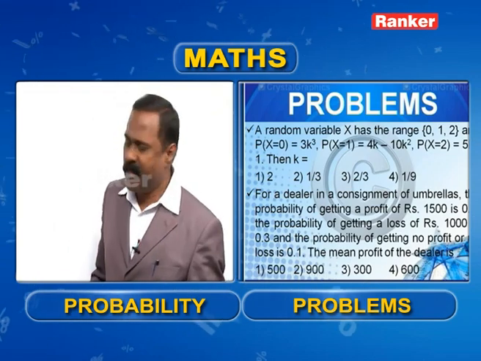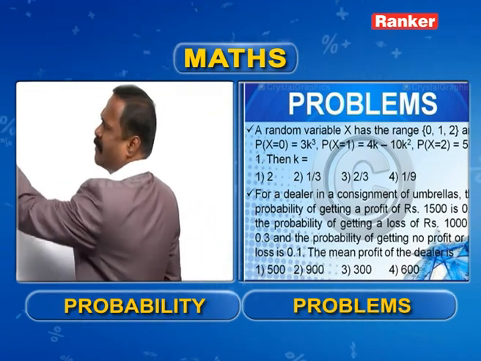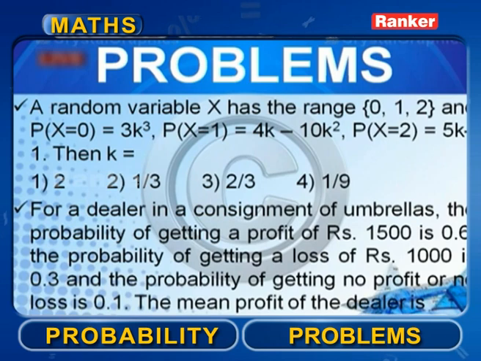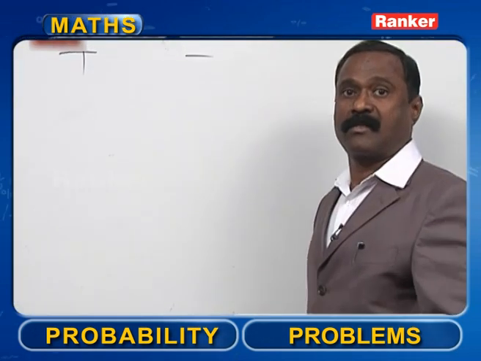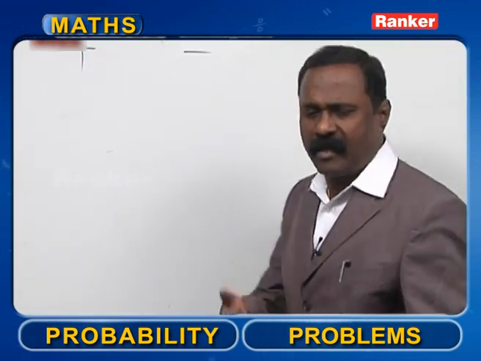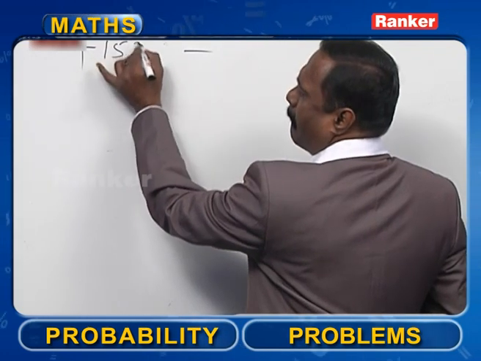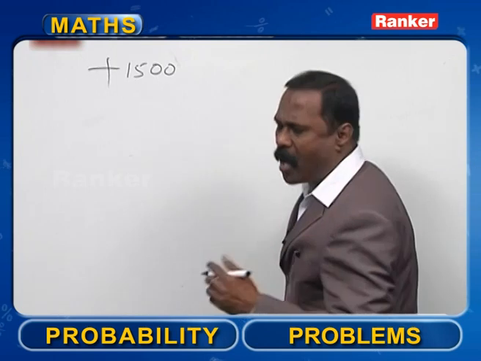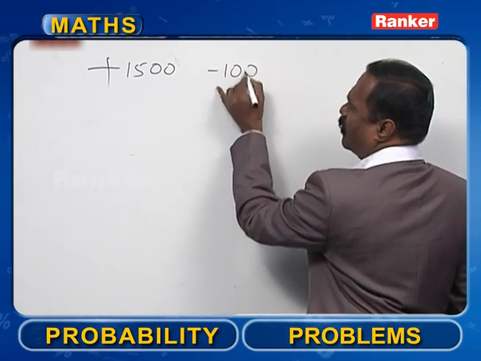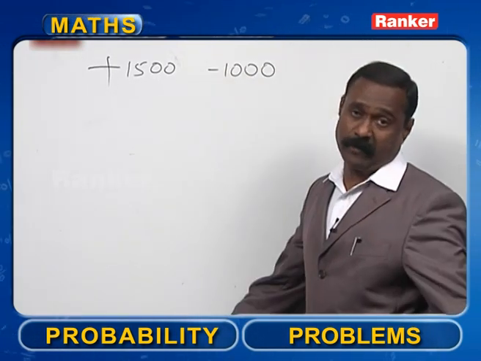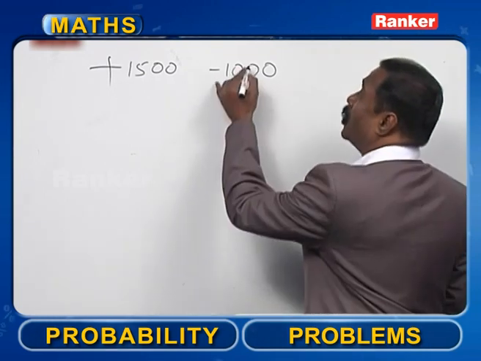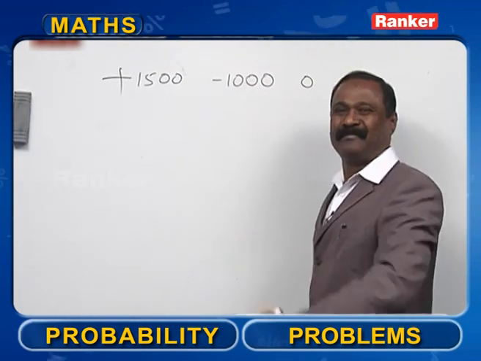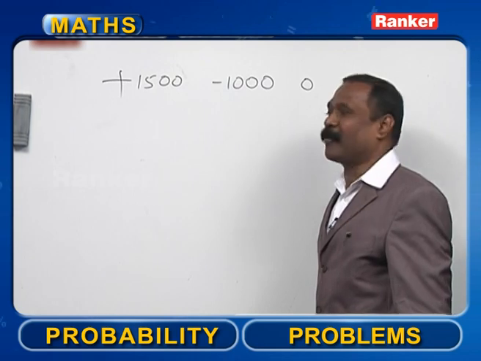So now in this case, let us take the profit with plus and the loss with minus. What is plus there? 1500. What is minus there? Loss of 1000. That is minus 1000. And no profit, no loss is 0.